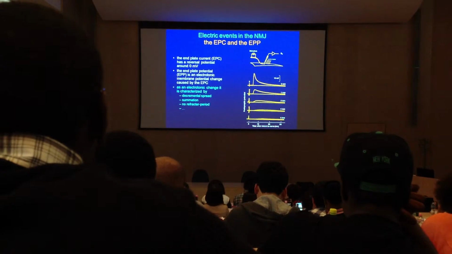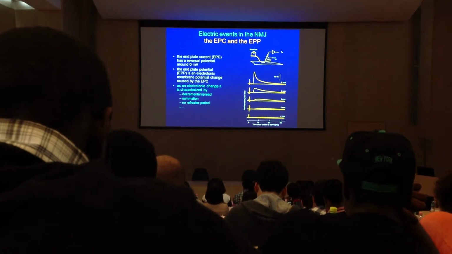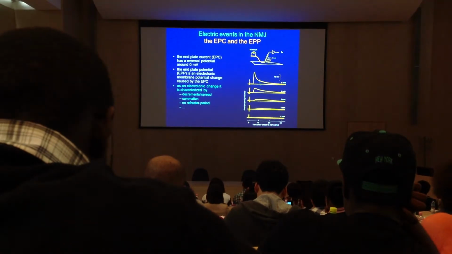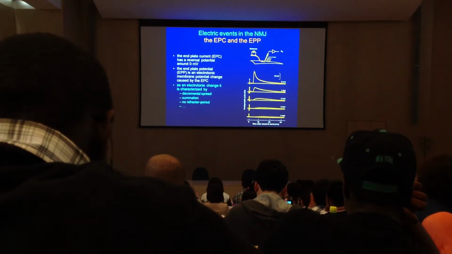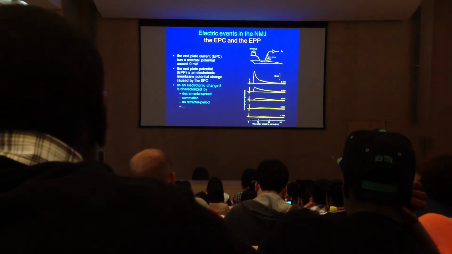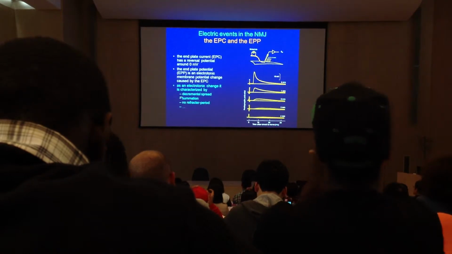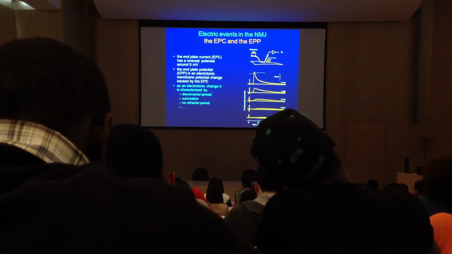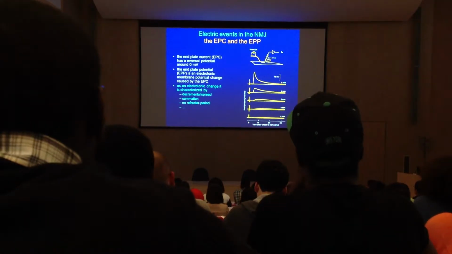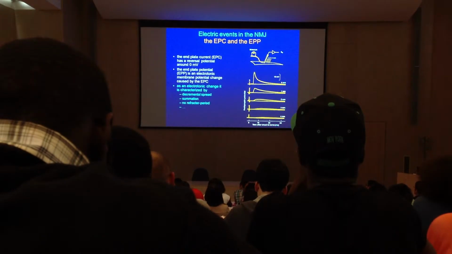For example, if you measure further and further away from the end plate, the amplitude of this electrotonic potential change gets smaller and smaller. Of course, it can be summated, it has no refractory period, and so on and so forth. Everything that is true for an electrotonic change.